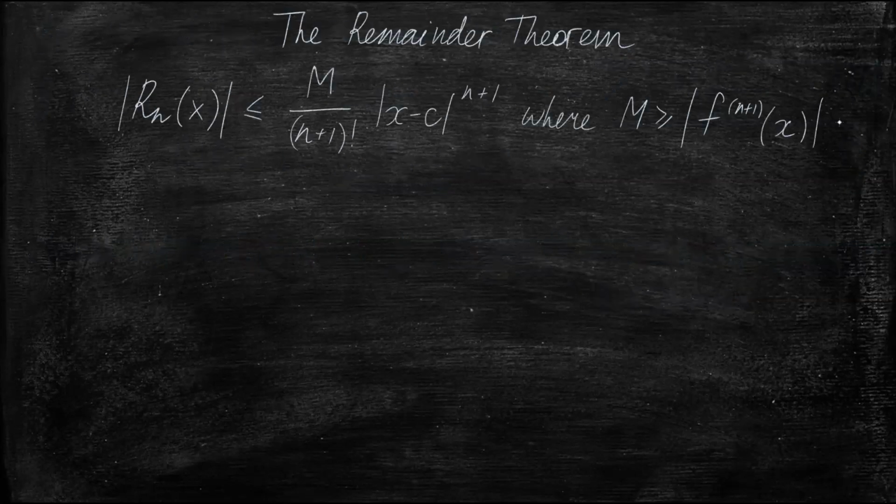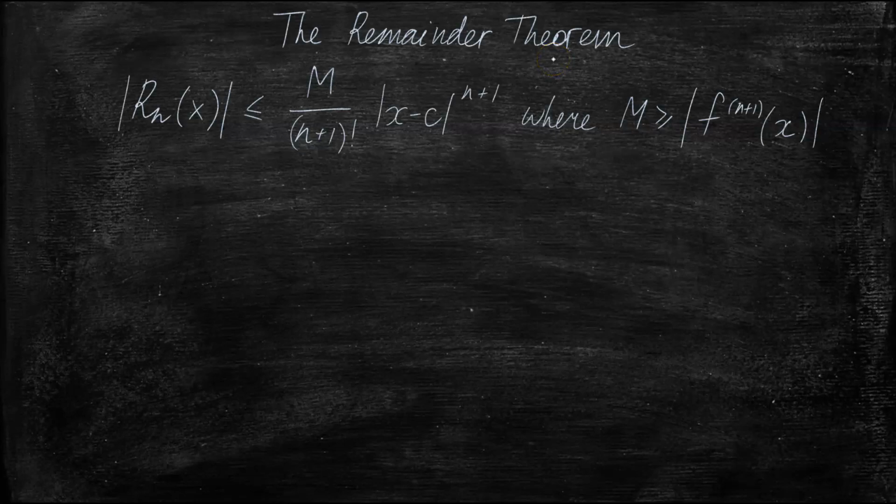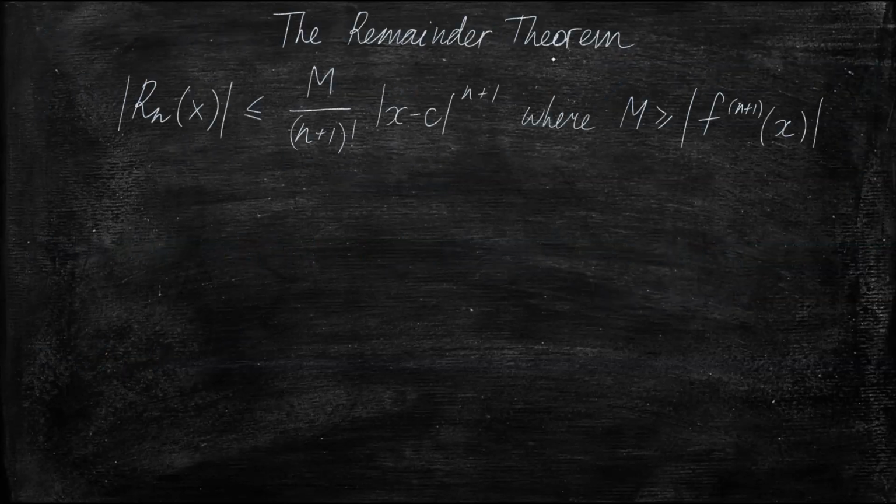The theorem says that the following inequality will be true for all n, and if we choose n to be 4, that means the absolute value of R4(x) will be bounded by M divided by n plus 1 factorial, times x minus c to the power n plus 1.